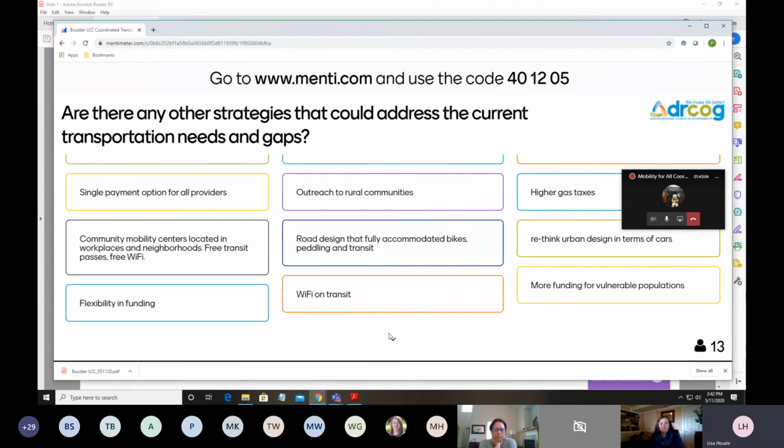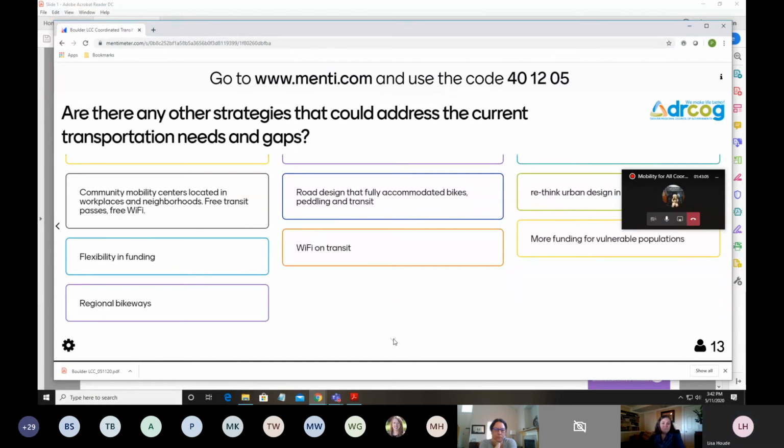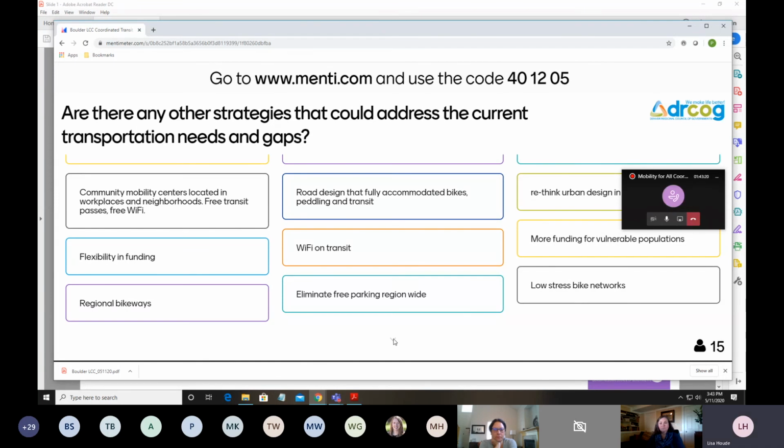More funding for vulnerable populations. Regional bikeways. Eliminate free parking region-wide. Low-stress bike networks.